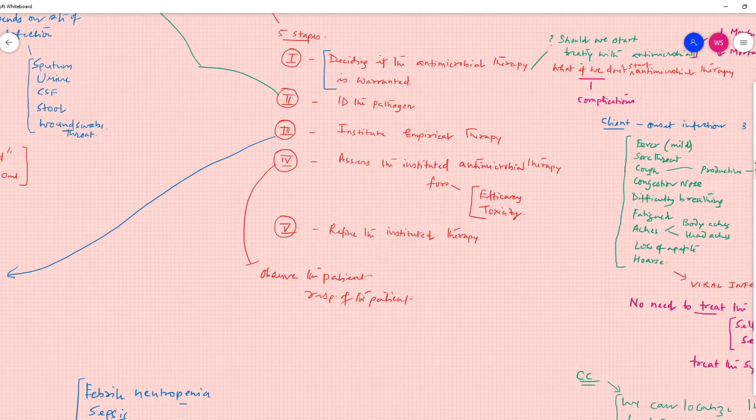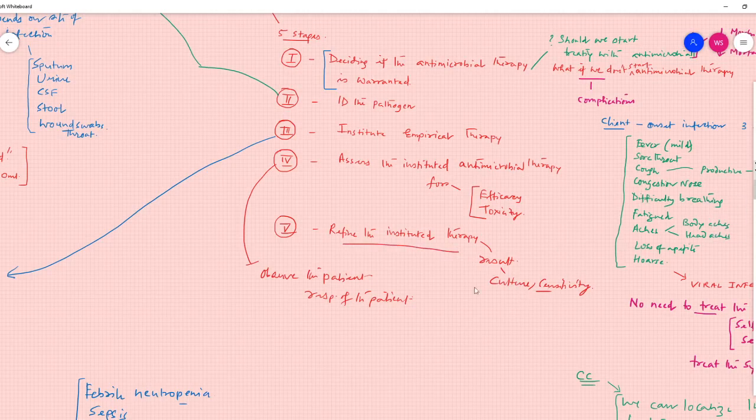We find that there is no toxicity, and now we have obtained the result of the culture and sensitivity. Now we know which antibiotic is the best for the person, so we refine the instituted therapy based on the result of the culture and sensitivity.